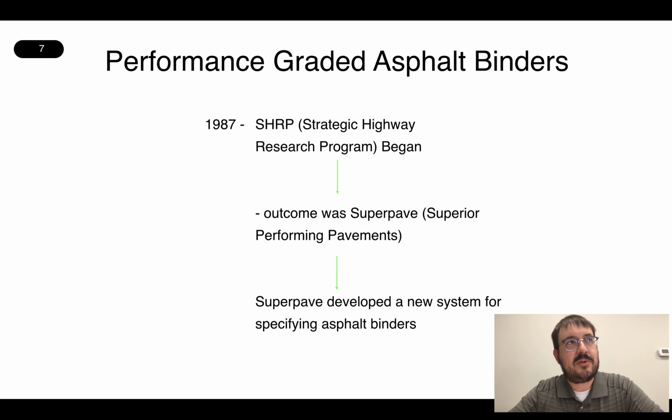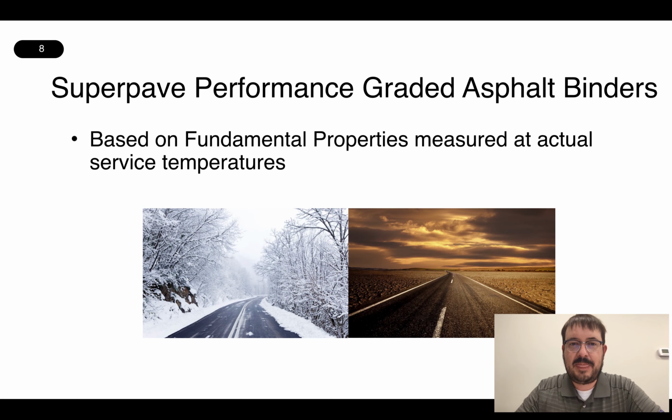Previous to this, there were ways to just grade binders based on viscosity or penetration. But the SuperPave performance graded asphalt binder program really enabled agencies and practitioners to specify and develop binders that would meet properties both at high temperature conditions realized in the summer, as well as maintaining flexibility at the low temperatures in the winter.